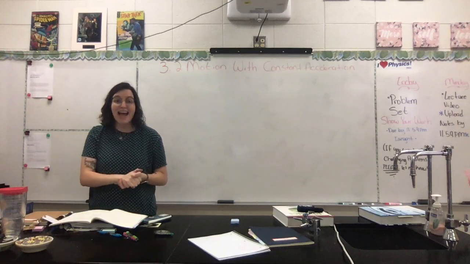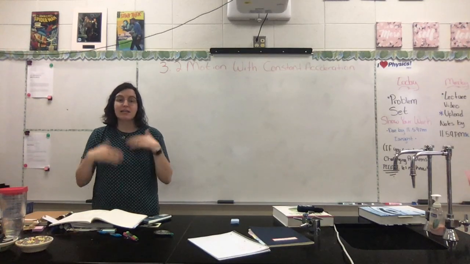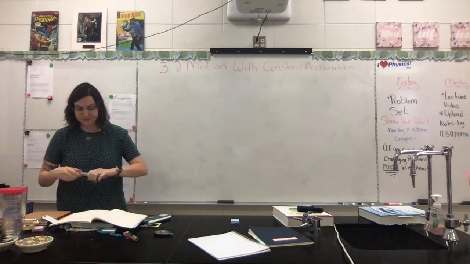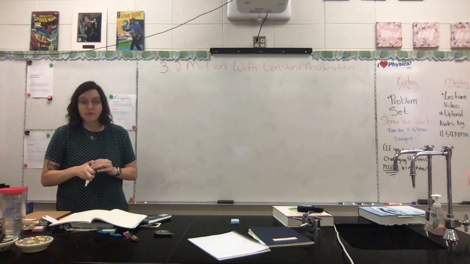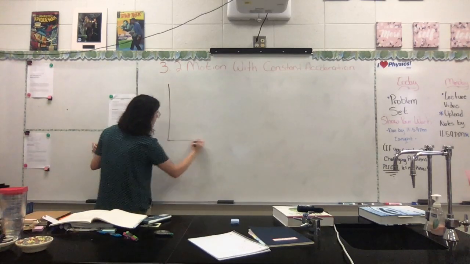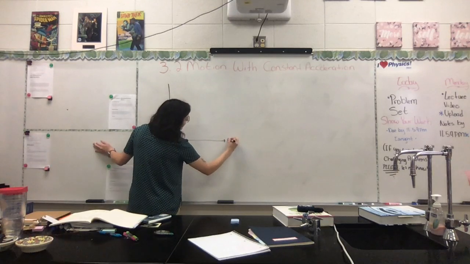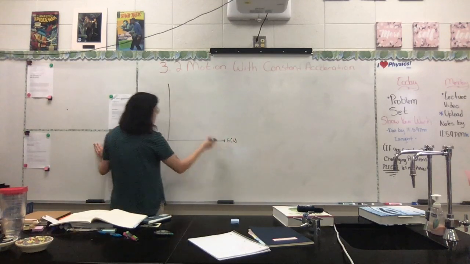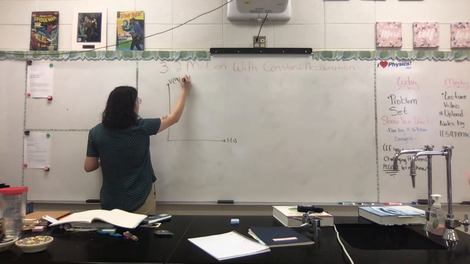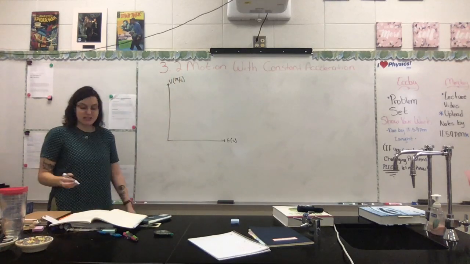All right, now we're going to look at how we can find position from a velocity versus time graph. Okay, so this is the graph that we have. We're going to have time on the x-axis like we usually do, and we're going to have our velocity on our y-axis like we usually do, okay?